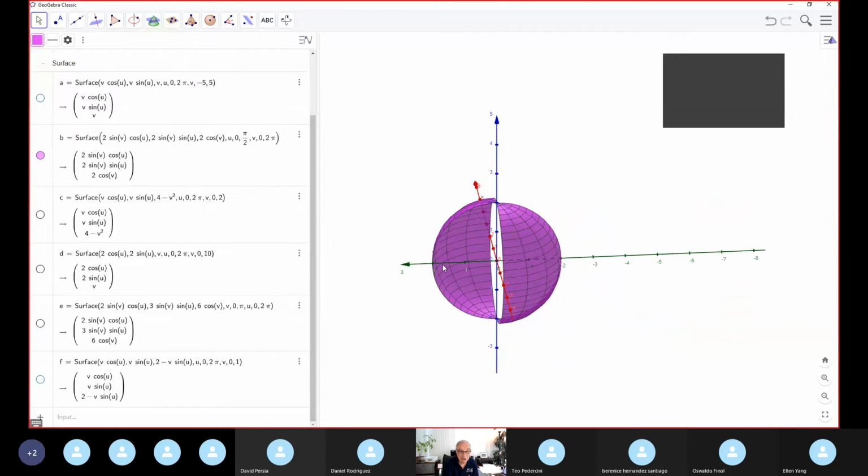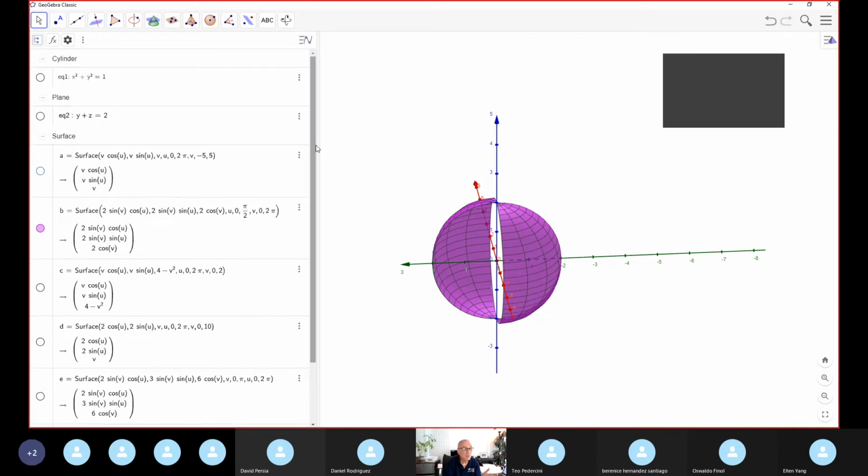In the traditional way, without parametrization, we cannot do that. You put x squared plus y squared plus z squared equals 4, and you see the full sphere, not one portion of the sphere.